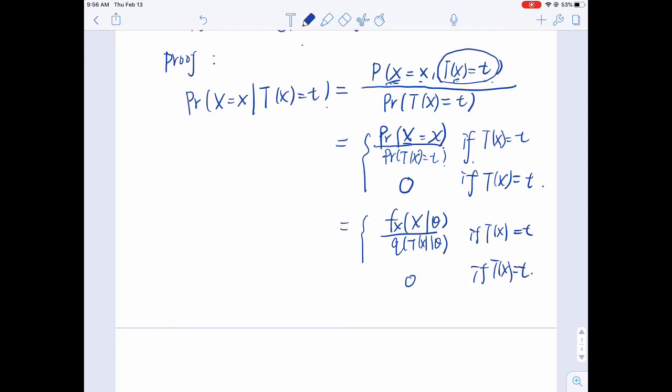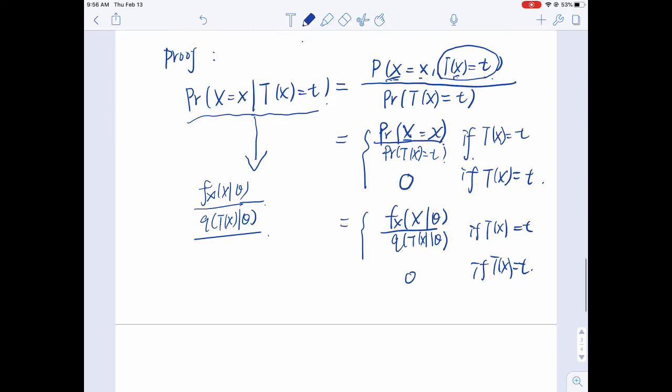Again, it's easy to see that this quantity right here is the same as the ratio. By the definition, we claim that when the probability of X given T(X) is a constant function of theta, then we claim T(X) is a sufficient statistic. So it's equivalent to saying that when this ratio is a constant function of theta, then we can say T(X) is a sufficient statistic.